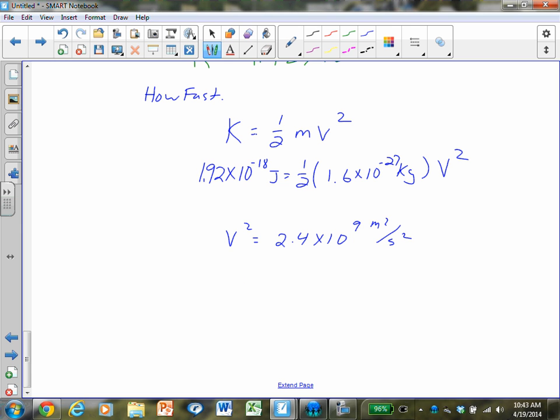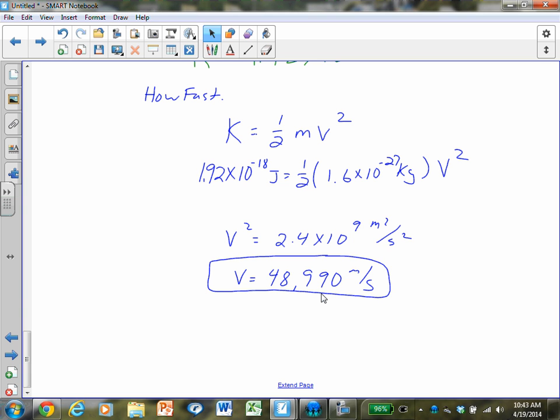Square root it, and that gives 48,990 meters per second from that kinetic energy that's available. Okay.